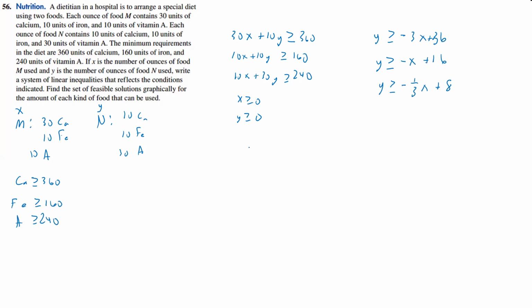Again, we're going to be just in the upper quadrant, so it's going to look something like this. At 36, we're going to have one of them up here. One's going to be 16, somewhere here, and then 8. The 8 one is more shallow, so it's going to come down like that.